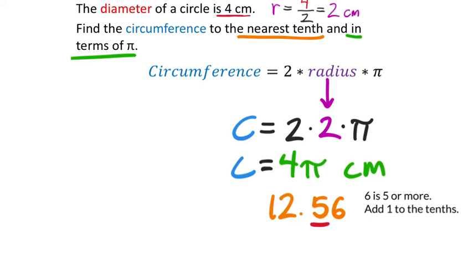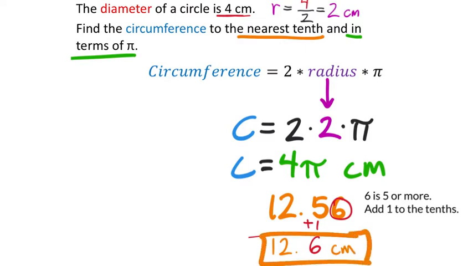So I go in here, I take my tenths, where the 5 is, and this means I need to add 1 there. So 5 plus 1 would be 6. Again, the 6 right here, now I turn that into a 0 or phantom 0. So I now have 12.6. Well, again, in centimeters though.